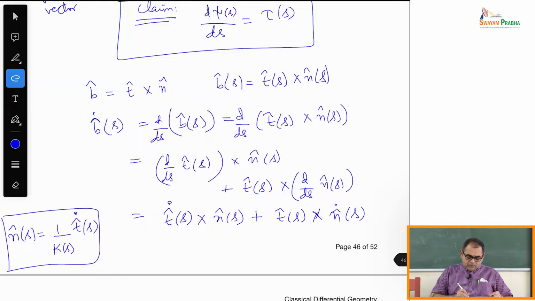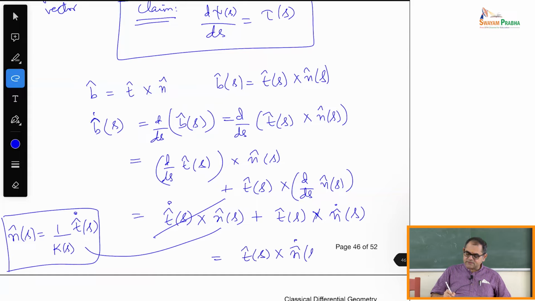Because of that, the first term will go away, since n hat is parallel to t hat dot, and t hat dot cross t hat dot is 0, and the 1 by k of s is just a scalar factor. So basically I get t hat s cross n hat dot s. This is your b hat dot s.